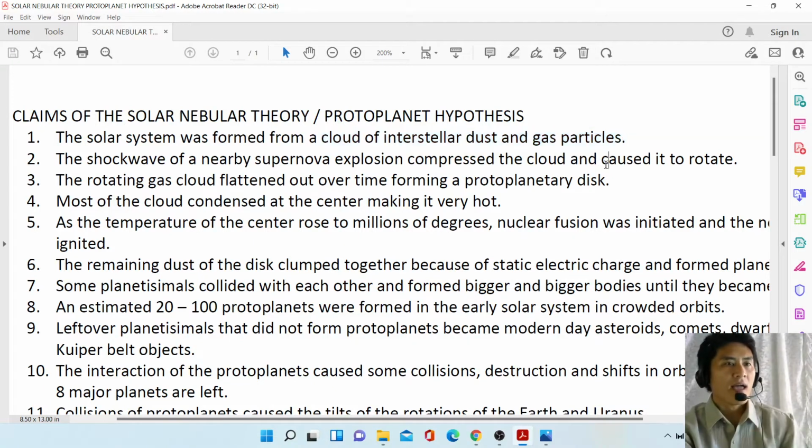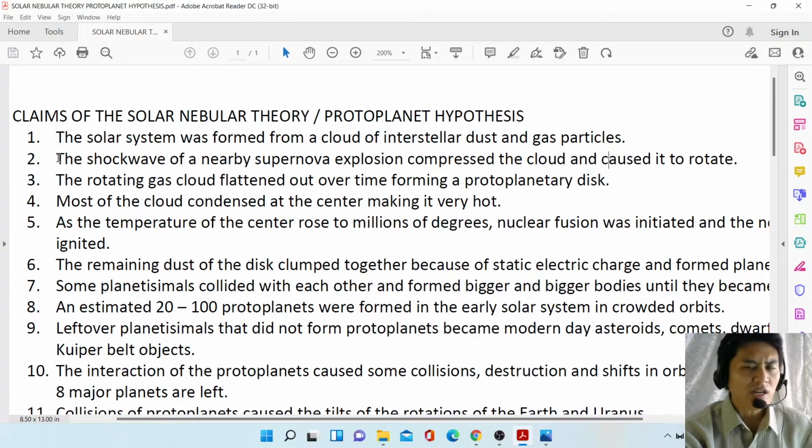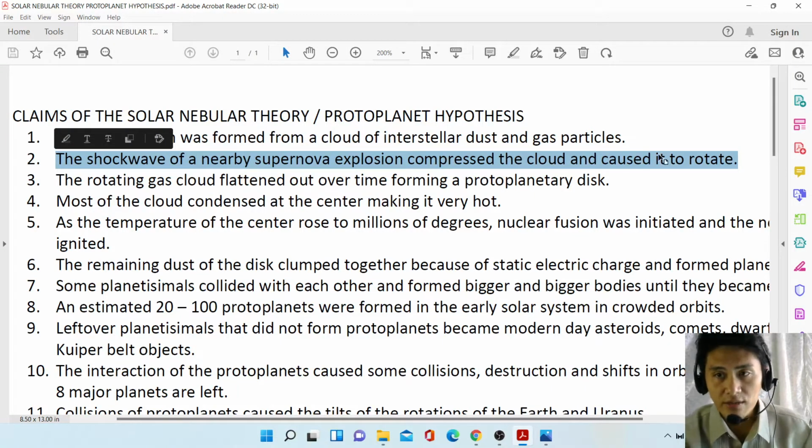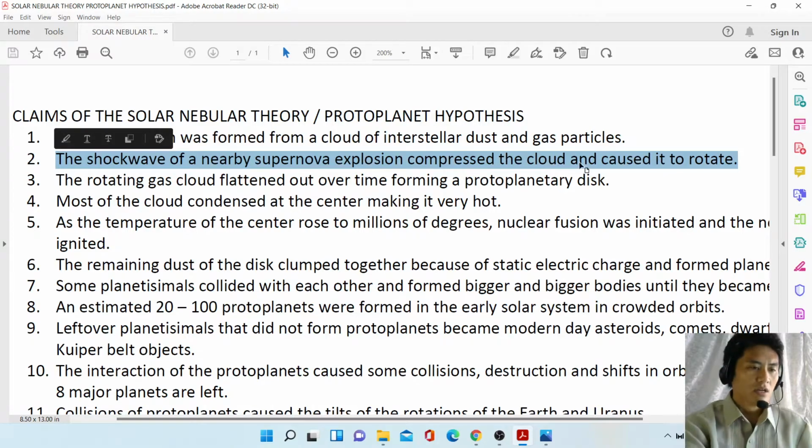Okay, and according to the theory, the shock wave of a nearby supernova explosion compressed the cloud and caused it to rotate. So what does it mean?